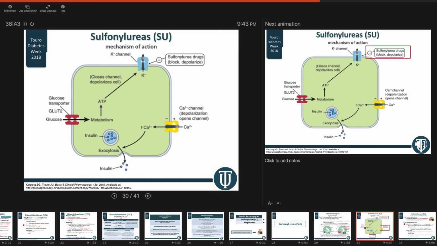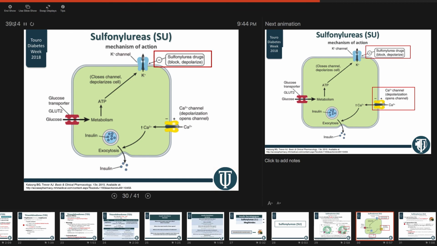Okay, so this is another diagram illustrating the same concept. First, sulfonylurea would bind to the potassium channel. With that, there won't be as much potassium going out. That would lead to depolarization inside of the cell.